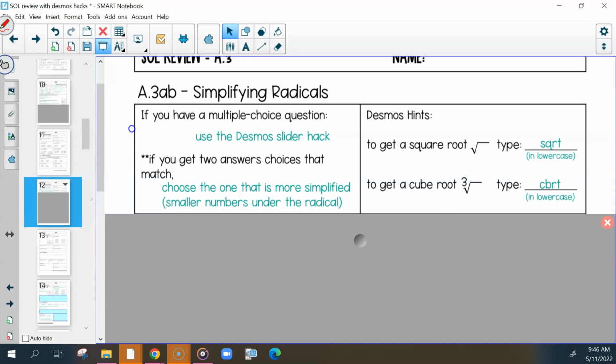There are two different ways to get your square root and cube root symbols. You can either click on the square root button, or click in your functions, scroll all the way down and find the nth root to put in your 3, or you can type SQRT or CBRT and it'll pop up as soon as you finish typing.